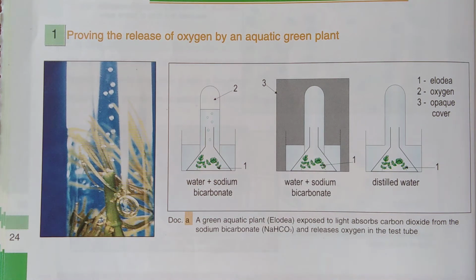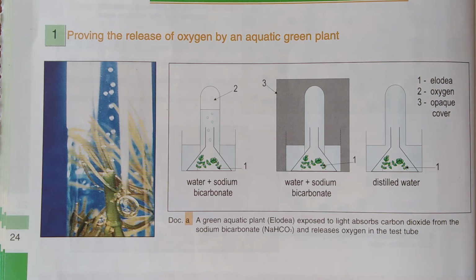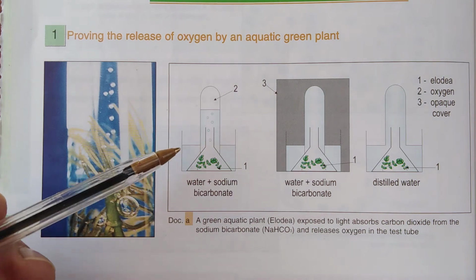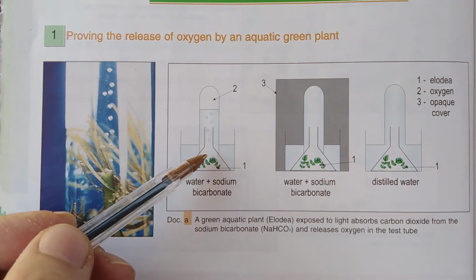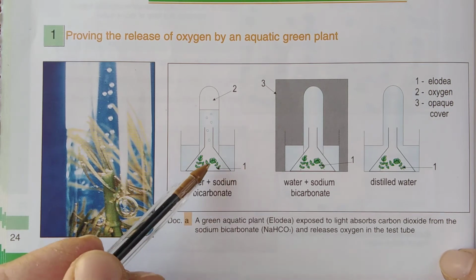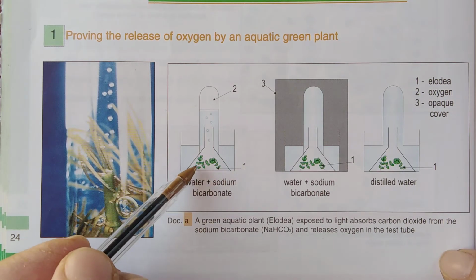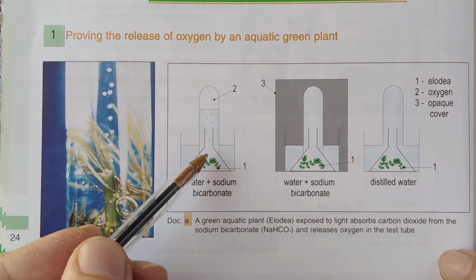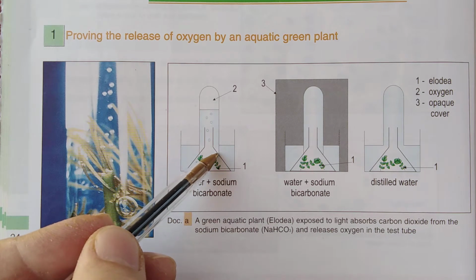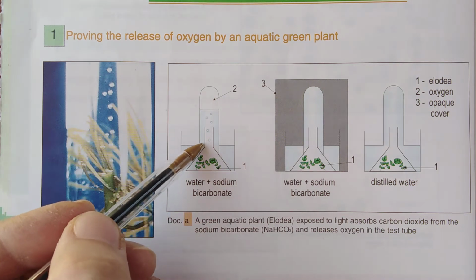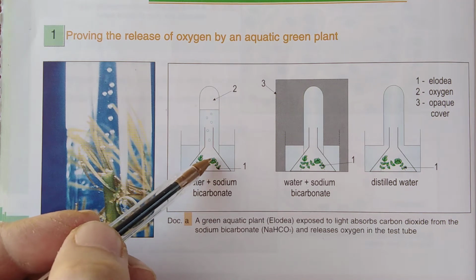Document 1 shows the experimental setup that shows how Elodea proves the liberated gases as gas bubbles, shown in these figures. In the first setup, we introduced a large beaker in which we introduced a glass inverted funnel, and then a test tube is inverted on this glass funnel.